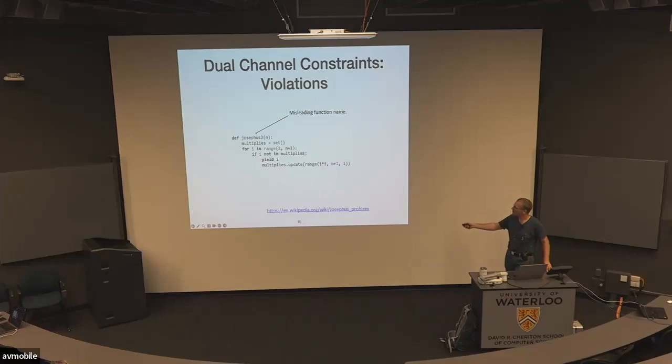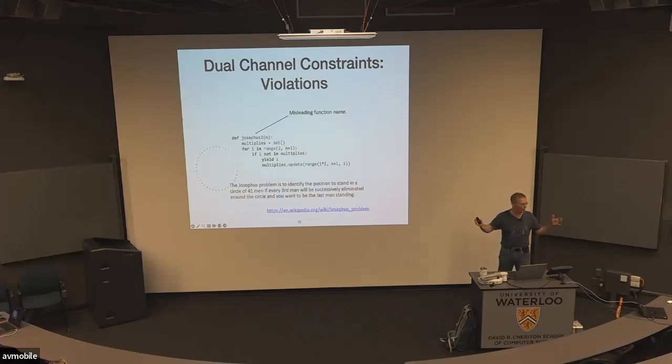I could just replace the name with A as in the last example, but worse than replacing it with a meaningless name would be to pick a misleading name. So here I've used Josephus, also a problem from antiquity, where 41 people were arranged in a circle, and every third one was killed.